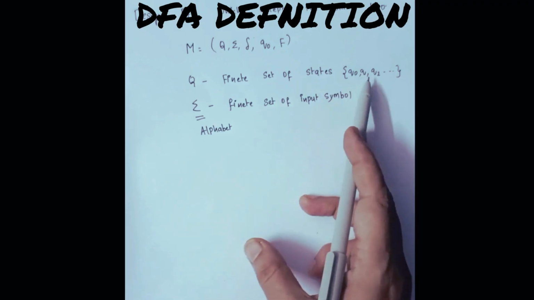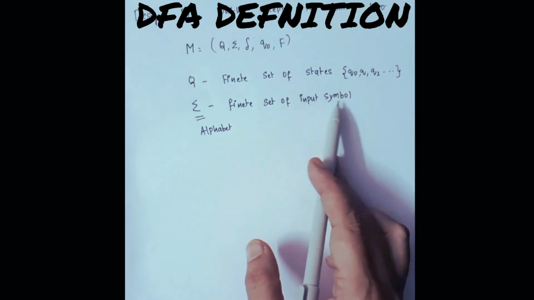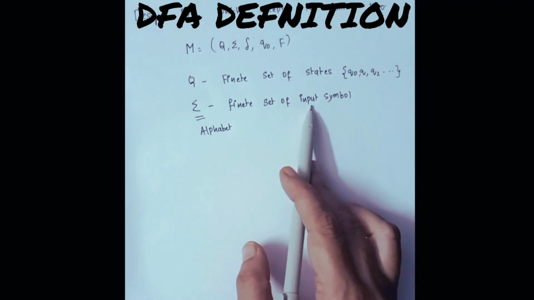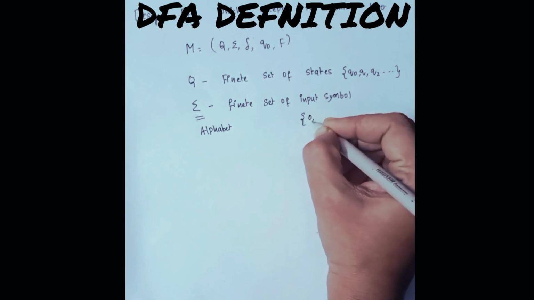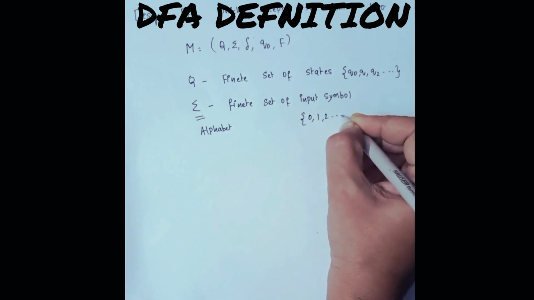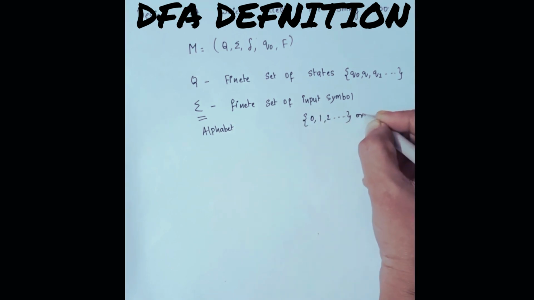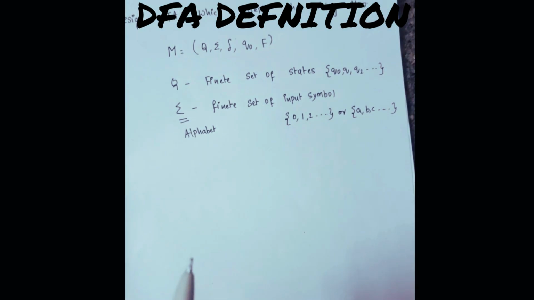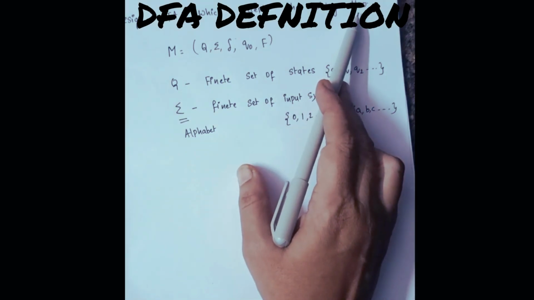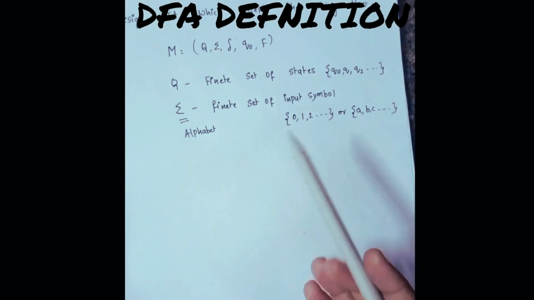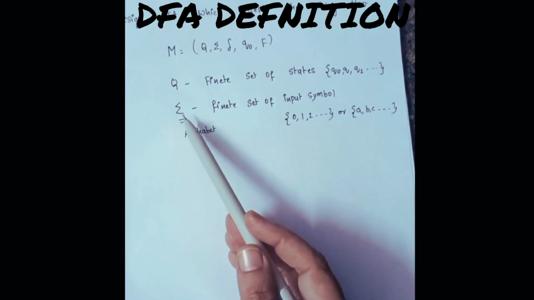Those elements might be either states or input symbols. These input symbols can be digits, that is 0, 1, 2 and so on, or letters, that is a, b, c, small letters, or capital letters also. Depending upon the type of input symbols in the question, we will take that as the alphabet, that is sigma.